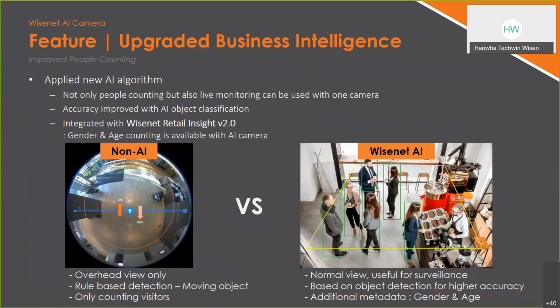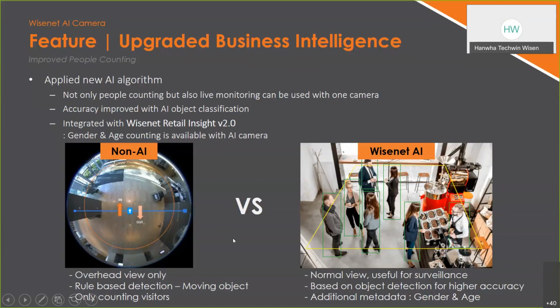Another benefit of this AI camera is that it has business intelligence functions: people counting, queue management, and heat map. Our previous model also had a people counting function, but it had to be an overhead view only. It did not detect a person, it detected only the rectangle shape of a person, so accuracy could be lower.